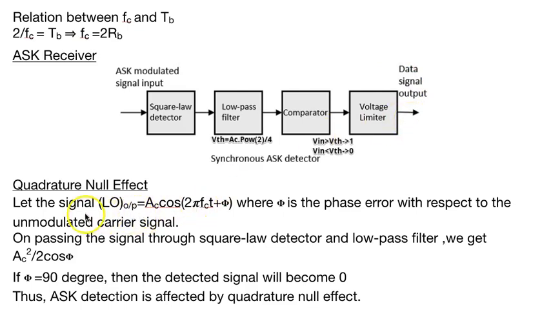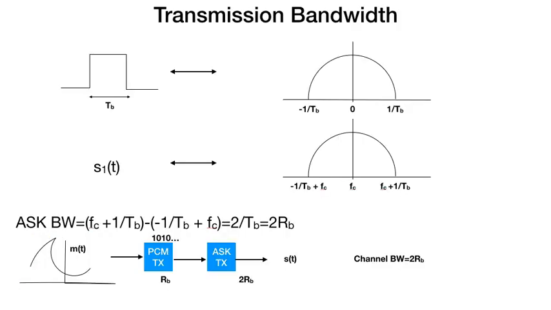There is a quadrature null effect, by which the signal is often affected. If phi is 90 degrees, then the detected signal will become 0, because it adds a parameter of cos phi with AC square by 2, which could make it change its amplitude. Now the transmission bandwidth for ASK will be 2 RB.